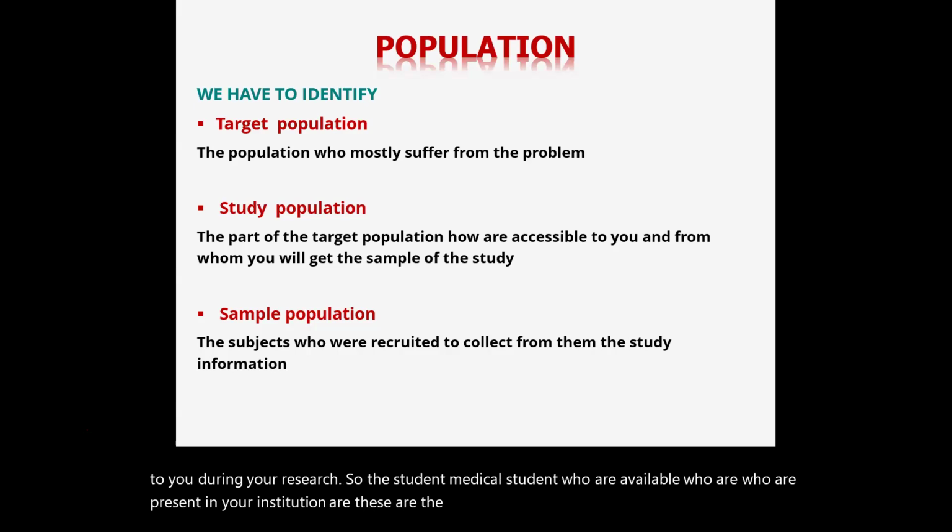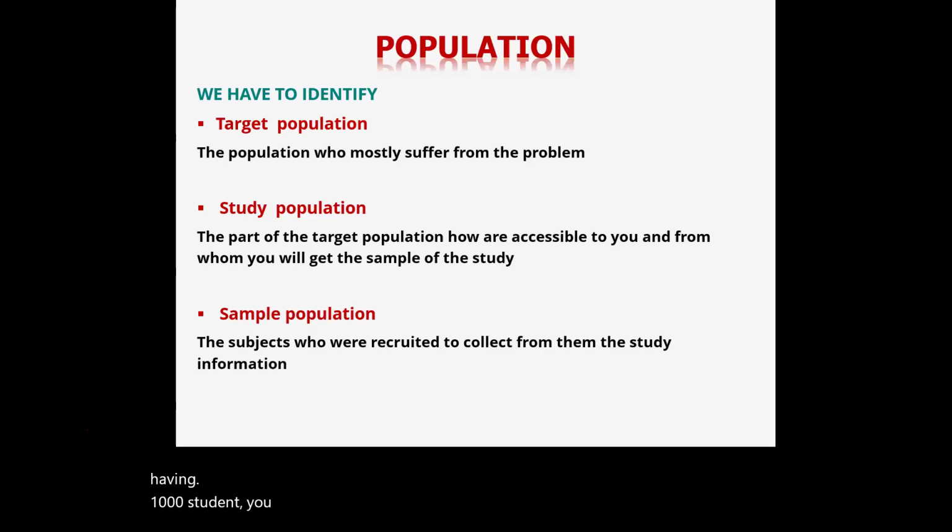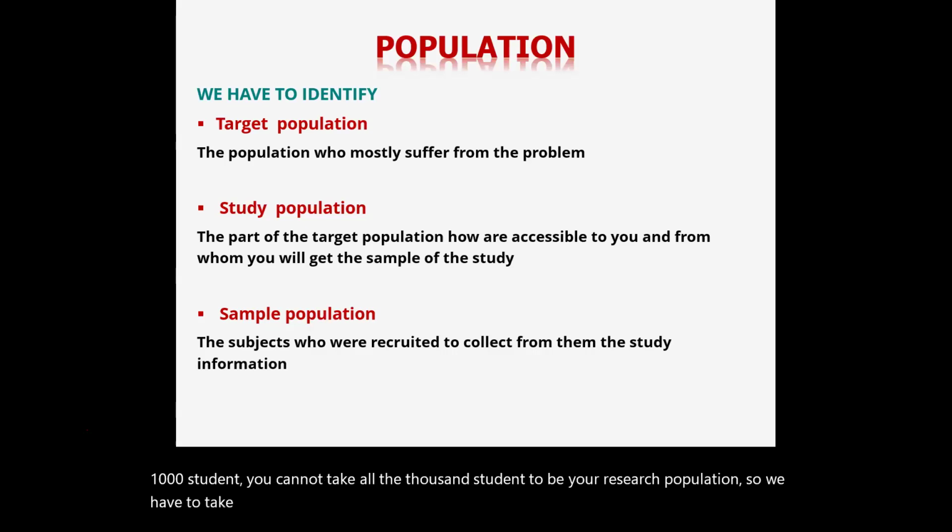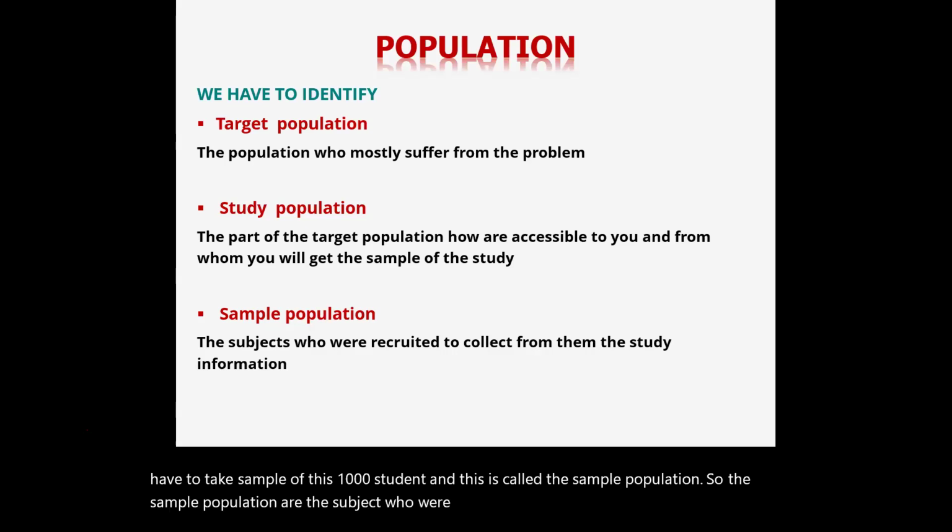Of course, if your institution has 1,000 students, you cannot take all the 1,000 students to be your research population. So we have to take a sample of these 1,000 students, and this is called the sample population. The sample population are the subjects who were recruited from the study population in order to collect the data for your study. Is it clear?